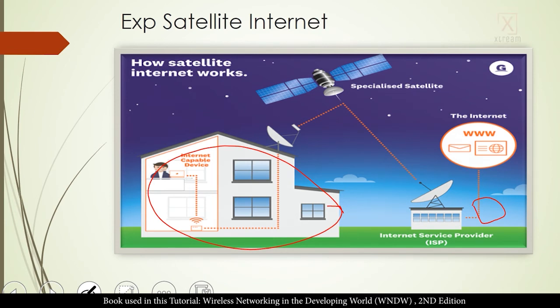So we can use satellites for communication. For the directional antenna, we have satellites over here. As you can see, this dish antenna is a directional antenna.